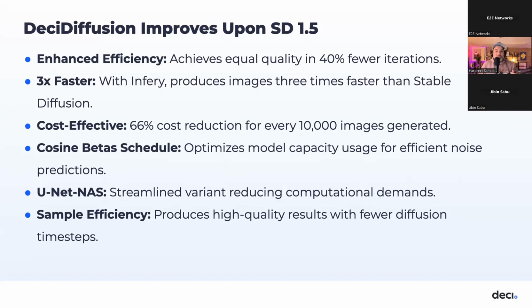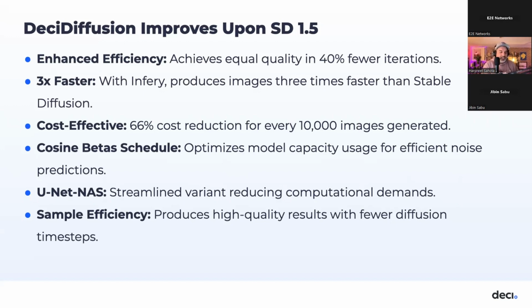And so we ended up with a model that has enhanced efficiency. It's able to achieve the same quality in fewer iterations. We also pair it with what we call Inferi. Inferi is a proprietary runtime engine, inference engine, kind of like VLLM or Takeoff, whatever. But it's proprietary.